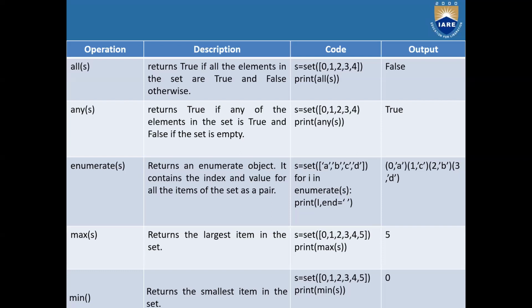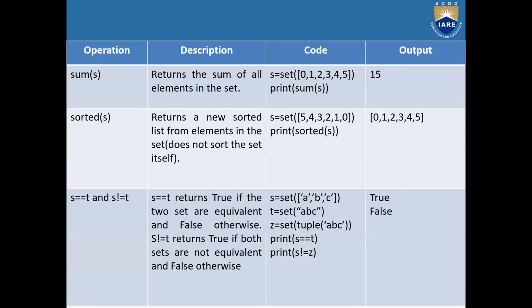The max operation returns the largest element which is present in the given set. Okay. And min returns the smallest element in the given set. Next is sum. If you want to find out the sum of all the elements which are present in the set, the sum method will be used.